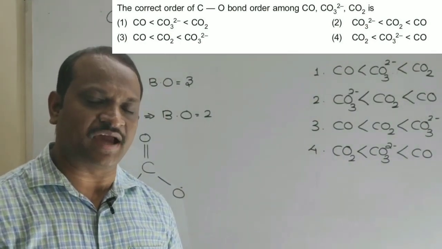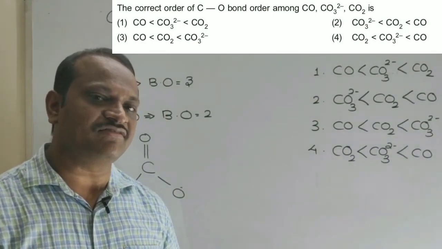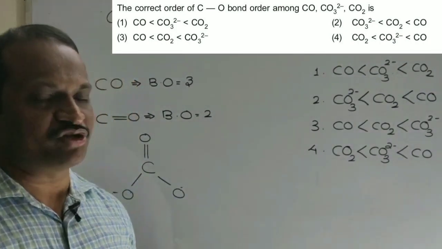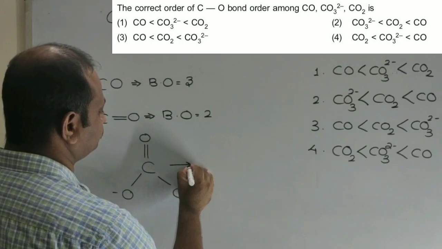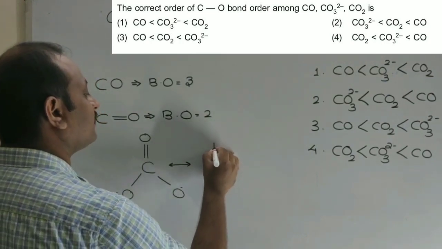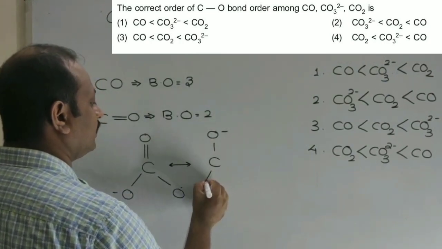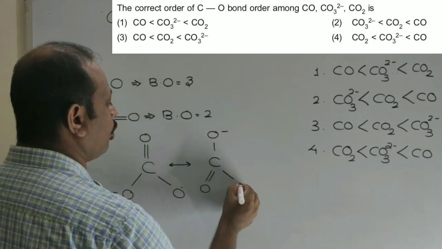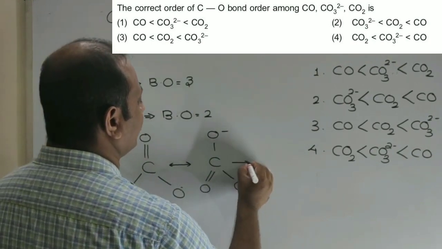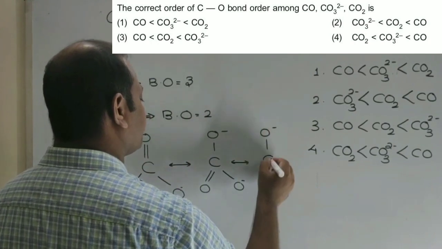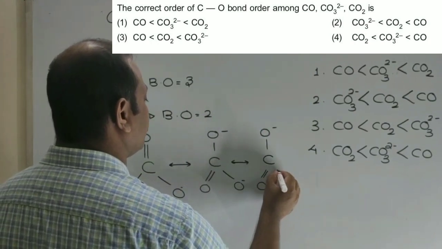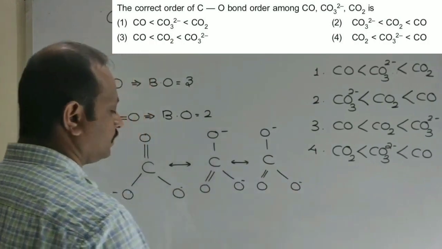But try to understand, in this particular case we have resonance. So I'm drawing all the resonance forms of this. Next, here C–O minus, here double bond O, O minus. Similarly, the next one also: C, here O minus, here double bond O, here also O minus.